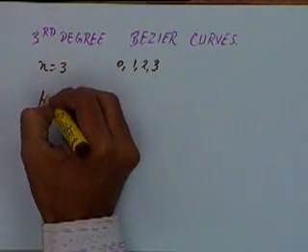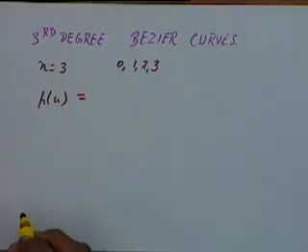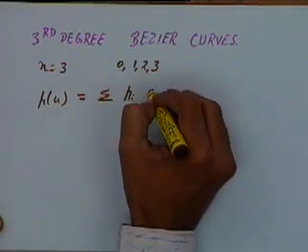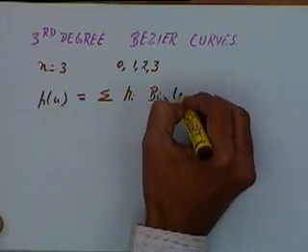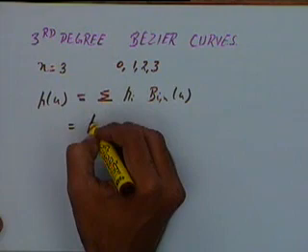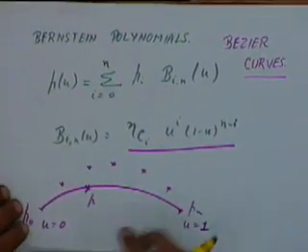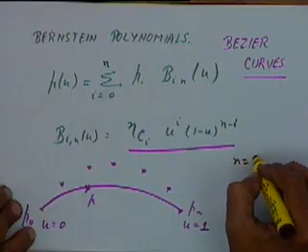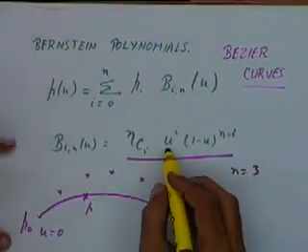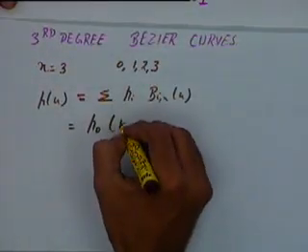We will say P of u is equal to, I'll first write the same expression, sigma Pi Bi,n of u. For P0, this term for n equal to 3, i equal to 0, we will get 3C0 multiplied by u to the power 0 into 1 minus u cubed. So this will be 1 minus u whole cube.